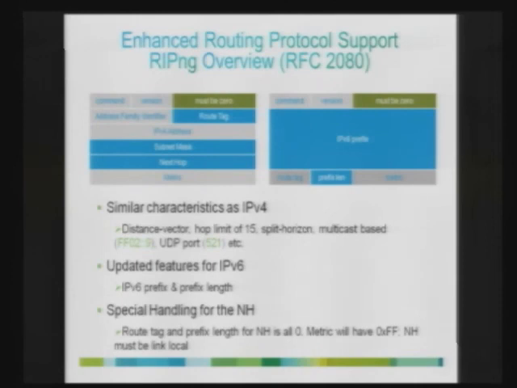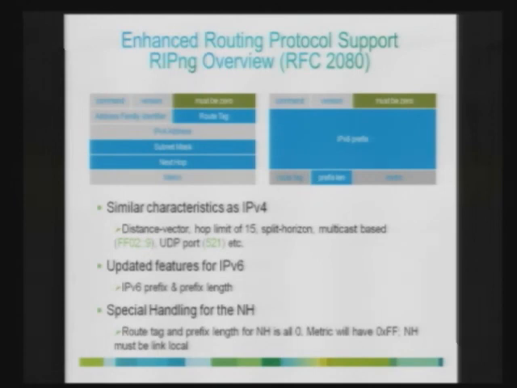One thing to keep in mind, I don't know if you have noticed, the next hop is missing. We do know that in RIP version 2, the use of next hop is if a router is advertising some of the routes for which it wants to mention a next hop other than itself, then it can insert that next hop field with the route table entries. Here, the next hop option with RIP support for IP version 6 is not omitted. Rather, the way it is implemented is it makes use of the route table entry, this prefix, route tag, prefix length, and metric format, but it has defined a metric of FF.